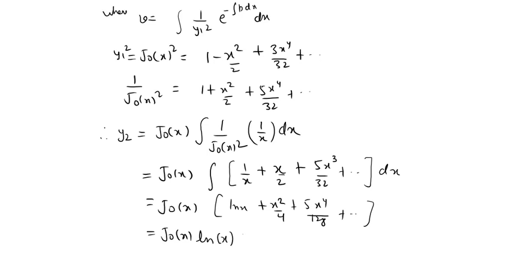So J0 log x plus J0 x times (x square by 4 plus 5x by 128 and so on). So now I make some manipulation.